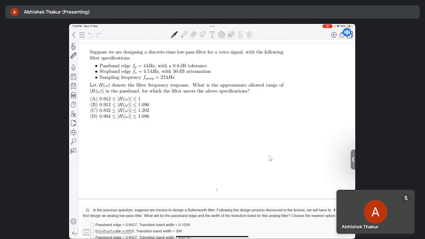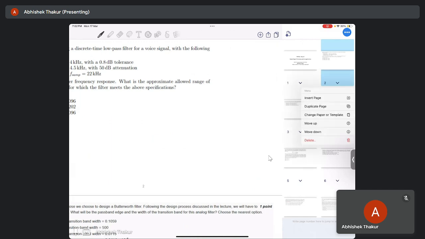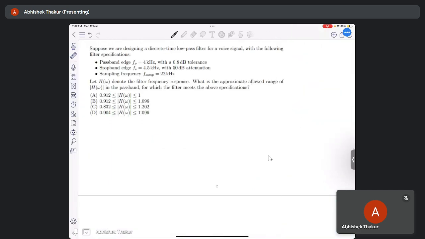So now coming to our first question. Suppose we are designing a discrete time low pass filter for a voice signal with the following filter specification.